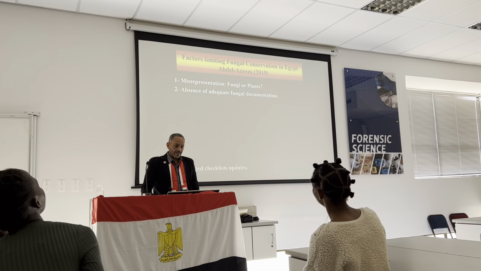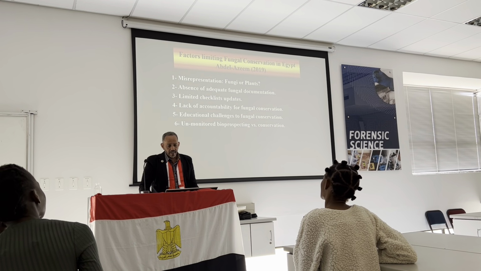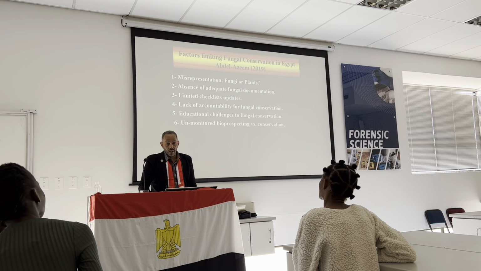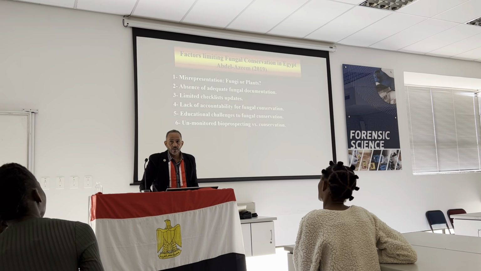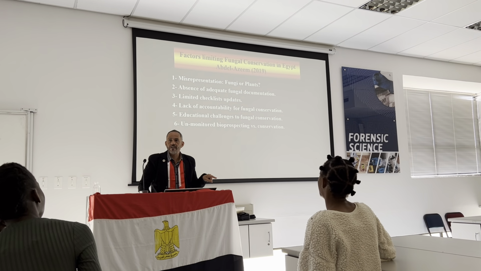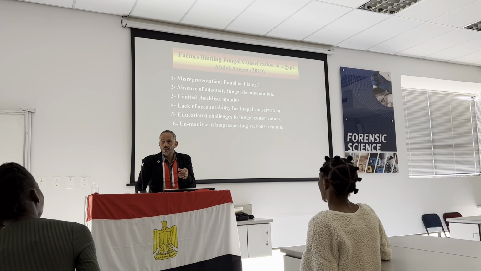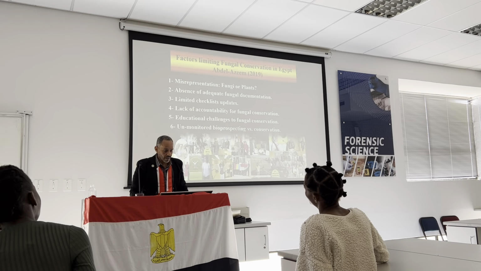Plus that, misrepresentation of fungi as plants, absence of adequate fungal documentation, limited checklist updates. You should have an updated checklist to know what you need to conserve. If you do not have this checklist, why would you go to conserve them? You need to know the numbers.